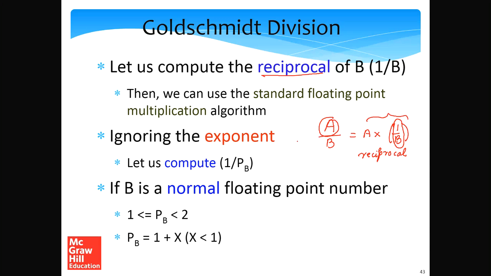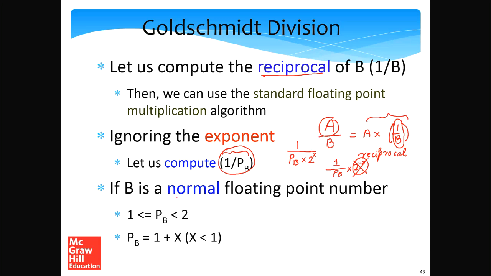Also, if B is represented in the normal form, which is PB times 2 to the power x, which is the exponent, then I can compute 1 by PB, I mean 1 by the significand, times 2 raised to the power minus x. So this part is simple, this can be ignored. So I can just take the significand and try to compute 1 by PB, which is the core part of the operation.